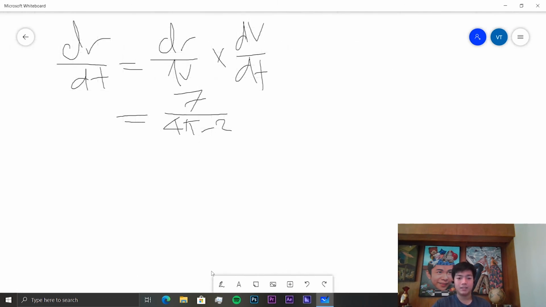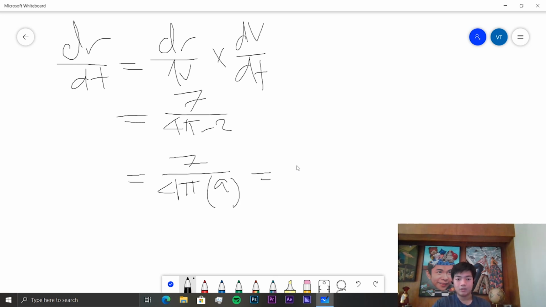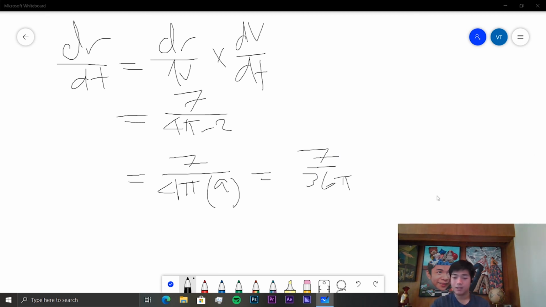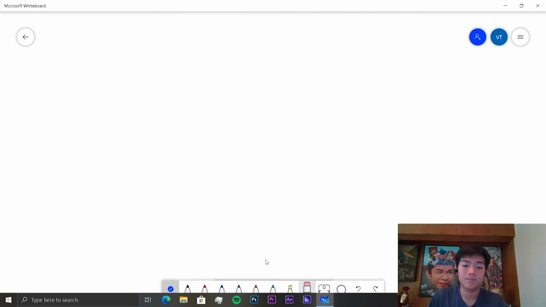So it's when the radius is 3. So this would be 7 over 4 pi times 3 squared, which is 9. So this would be 7 over 36 pi, I believe, would be the rate of change. Yeah, that's correct. Okay, so on to the last question.